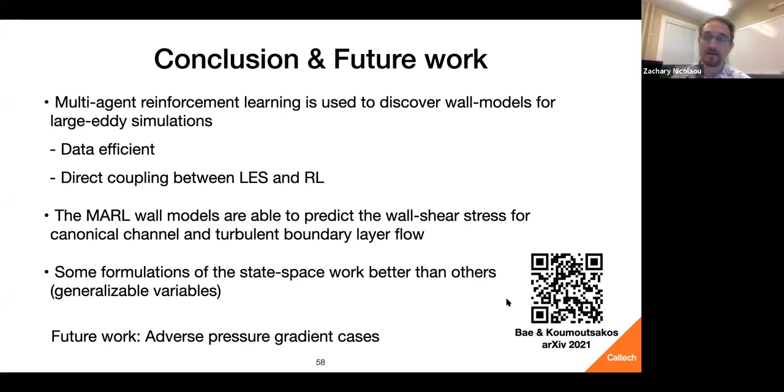I was curious if you've come across those and if they're too simple compared to your matched asymptotics approach. Yeah, so there are two parts of the wall model. One is applying a boundary condition in a meaningful way from the obtained wall shear stress. That's what you mentioned about the slip wall models and the Neumann type boundary conditions, where the flow is allowed to be non-zero at the wall.